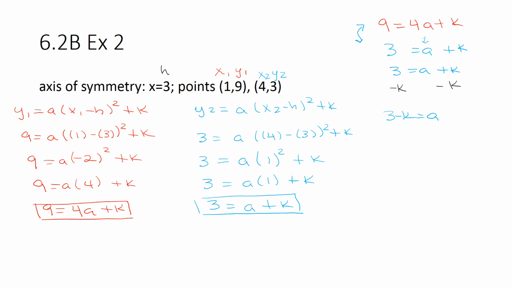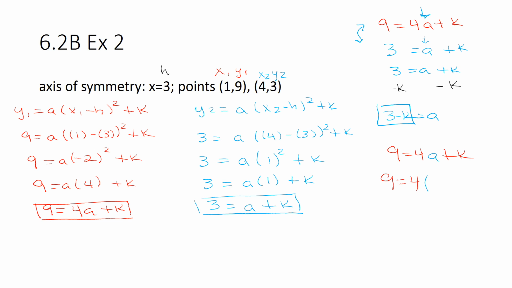Okay, so now I have this. 3 minus k is equal to a. What I'm going to do is substitute this entire thing in for a right there. Okay, so I'll show you what I'm going to do. 9 is equal to 4 times a plus k. So all I'm going to do is plug in 9 is equal to 4.